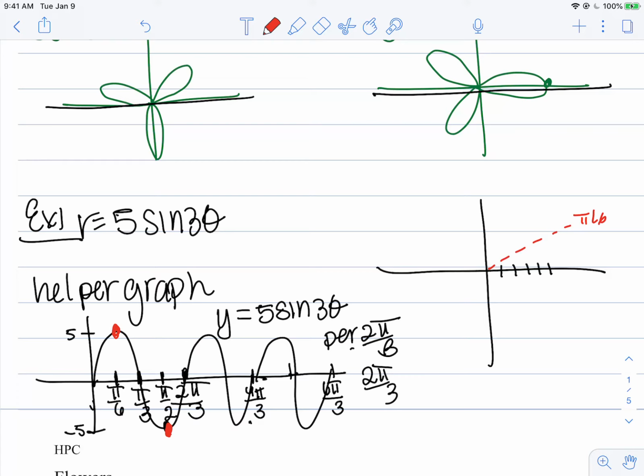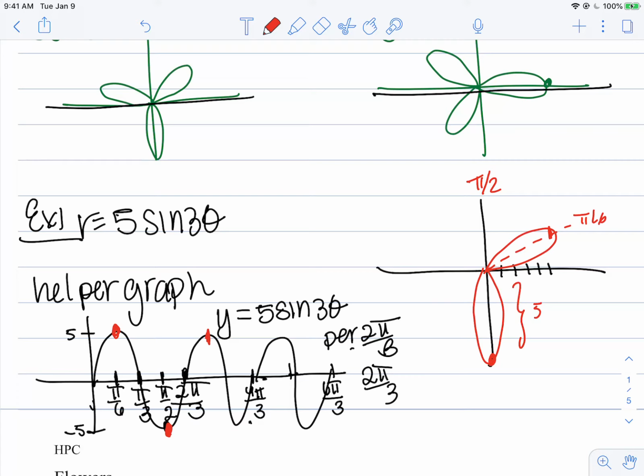At pi over 6, my R value is positive, so I'm going to have a petal at pi over 6. And then at pi over 2, my R value is negative, so instead of going out 5 units, I'm going to go in 5 units, okay, at pi over 2. And then again at whatever this point is.